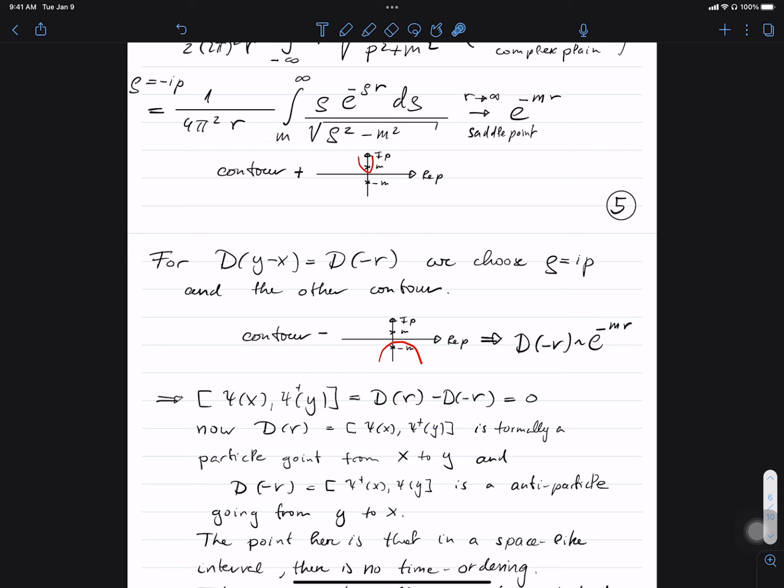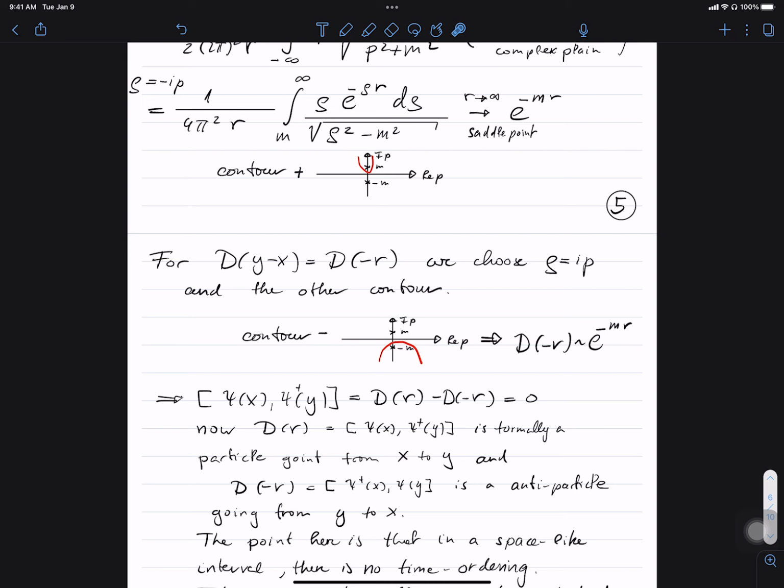We can just get the same integrals. If you rewrite this with the appropriate substitutions, we use the saddle point approximation on the second integral, closing the other contour, because frankly the other prescription would not converge.